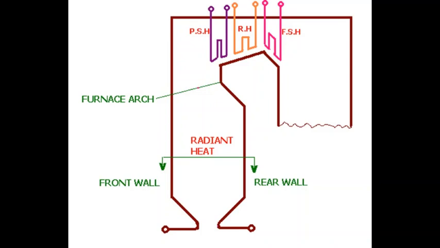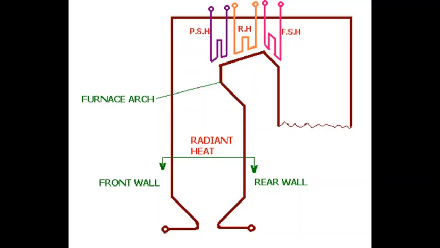This superheating is done in 3 phases. The first phase is called primary superheating, and sometimes this primary superheating is done in 2 phases: low temperature superheating at second pass and primary platen superheating at the top of the furnace.